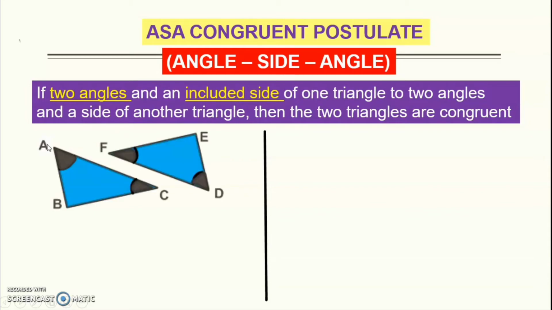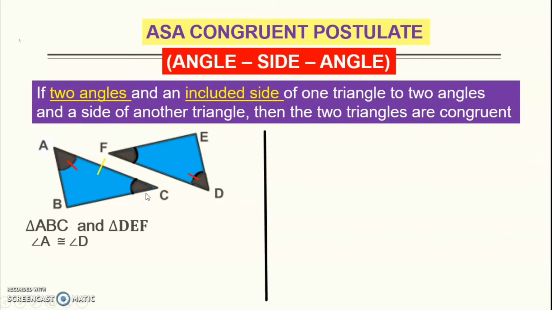So we have an example. Triangle ABC and triangle DEF are congruent pag yung angle, side, angle nila are congruent. Okay, first angle natin, angle A, corresponds to angle D. So, angle A is congruent to angle D. Next is the side.